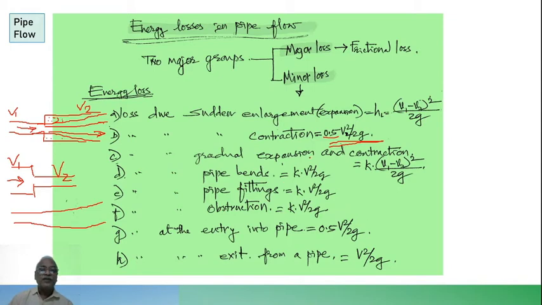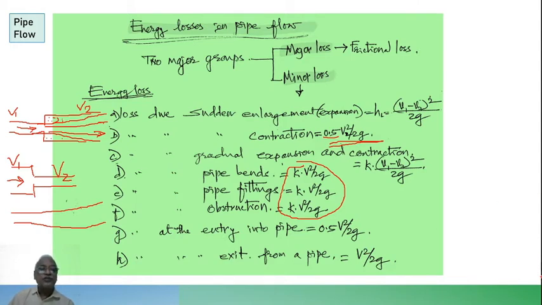All these, if you look at that, they are K multiplied by V squared by 2g, right? You have a pipe and then maybe there is a valve involved, there is a tap involved, there is some obstruction. In such cases a reduction factor K multiplied by V squared by 2g gives you the loss, right?